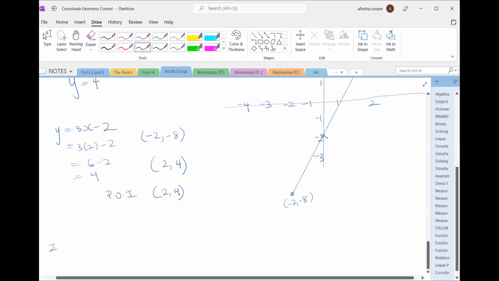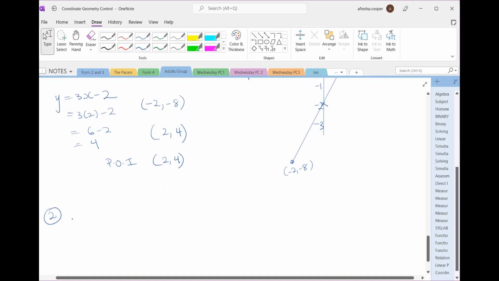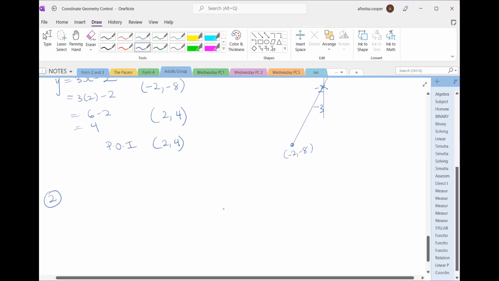Let's try a second one. So we have 2y plus 3x equals 5 and x is equal to 3.